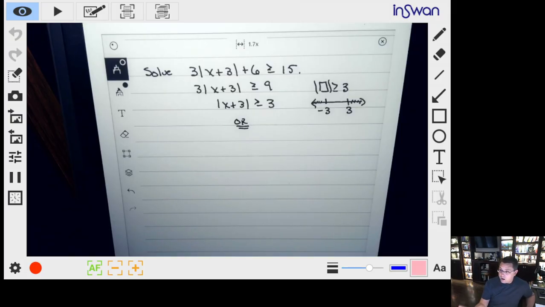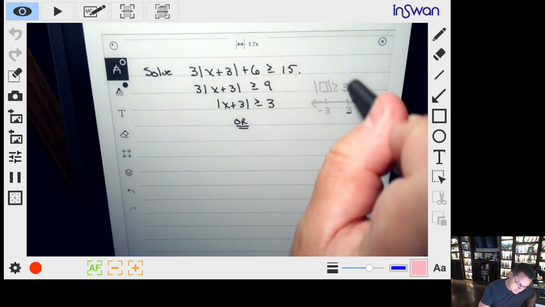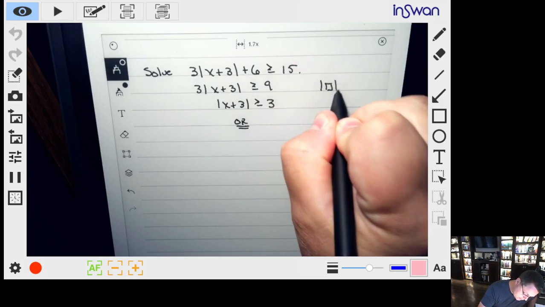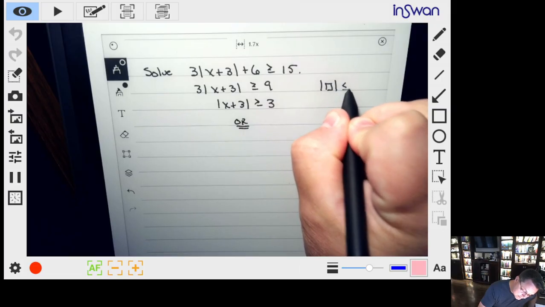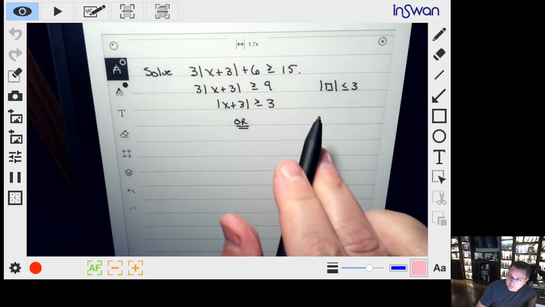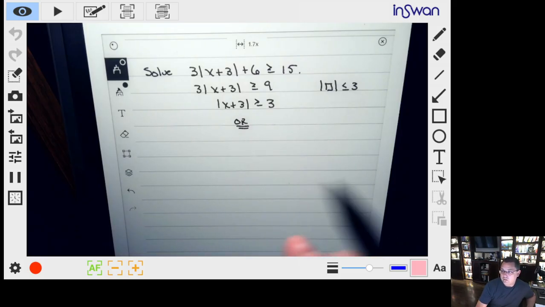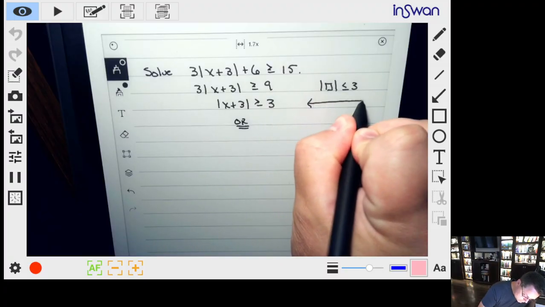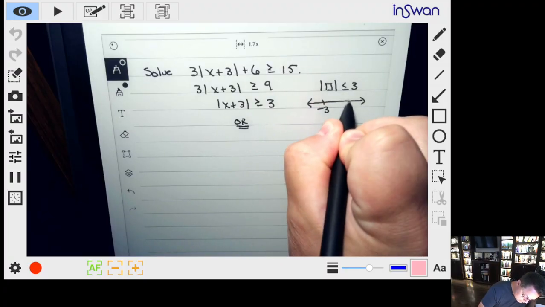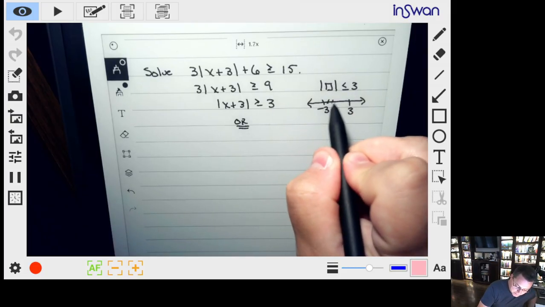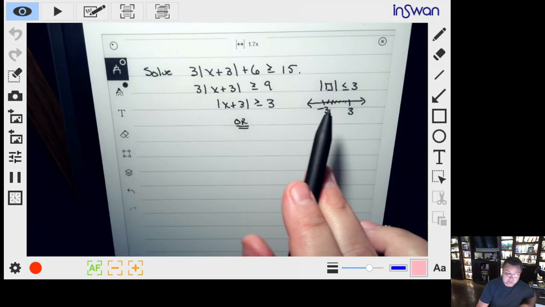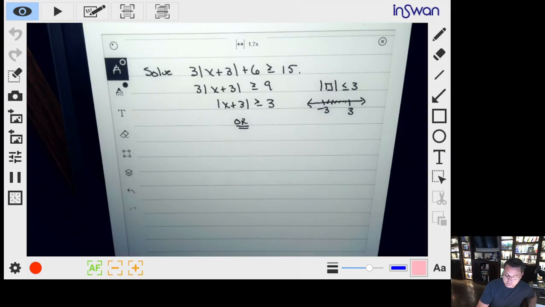If it was facing the other way, it would be an and statement. So in other words, if we had the absolute value of some number is, let's say, less than or equal to 3, well, that means the negatives up to negative 3 and the positives up to 3, these would be the ones that would work, right? Like negative 2 falls in this range, and the absolute value of negative 2 is 2.